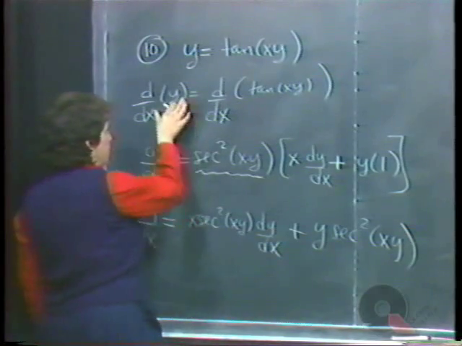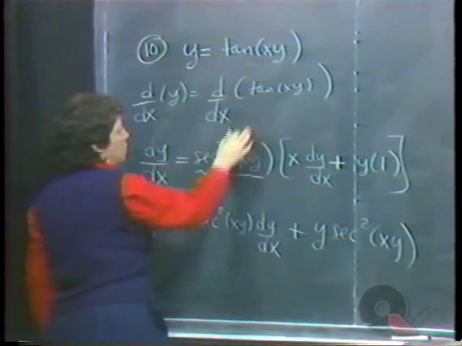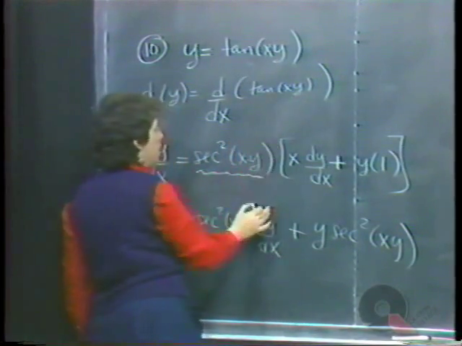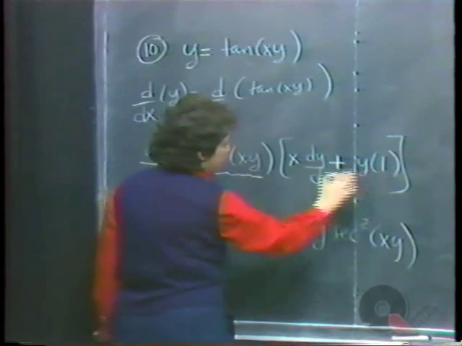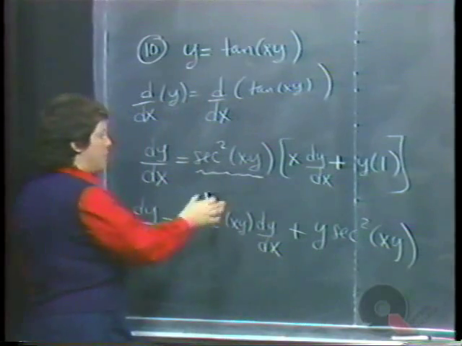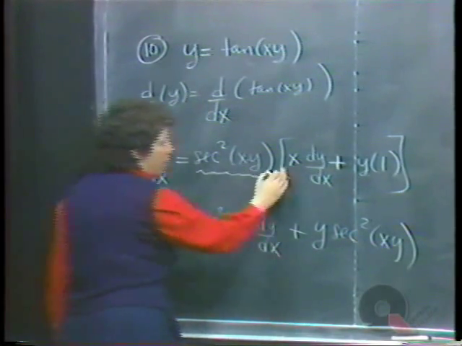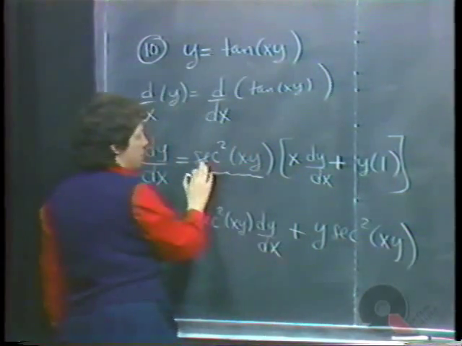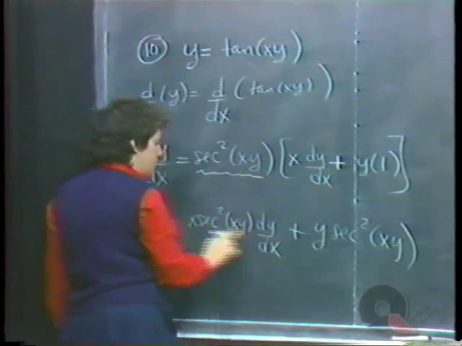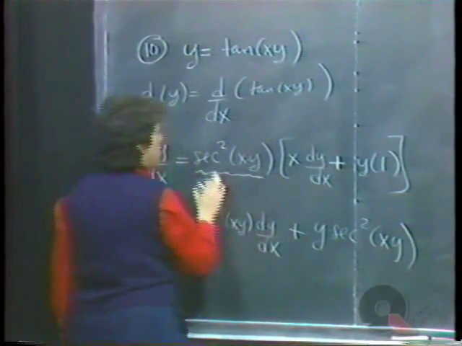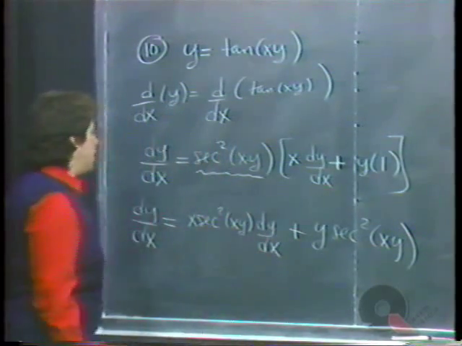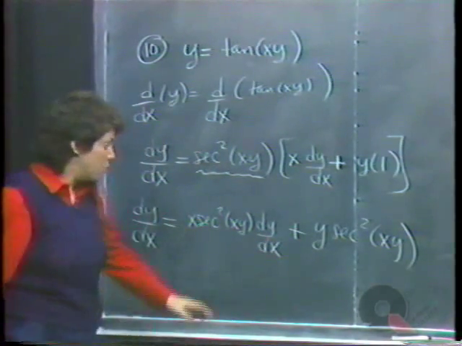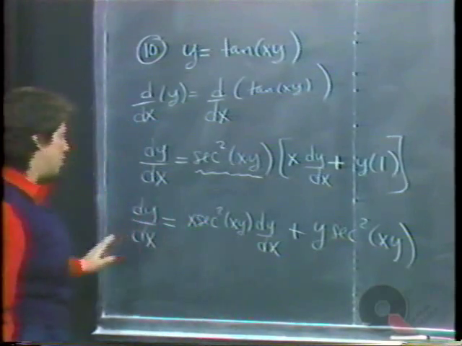Okay, once again, the derivative of y with respect to x was equal to the derivative of tangent of xy with respect to x, which was secant squared of xy times the derivative of xy, which is a product. We now distribute the secant squared xy through this parentheses: secant squared xy times x dy dx plus secant squared xy times y. Now, to solve for dy dx, let's get all the terms involving dy dx on one side.